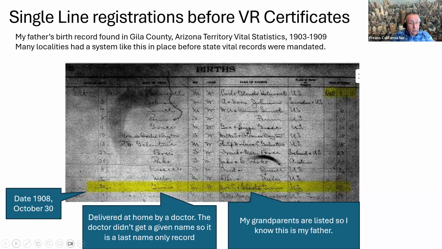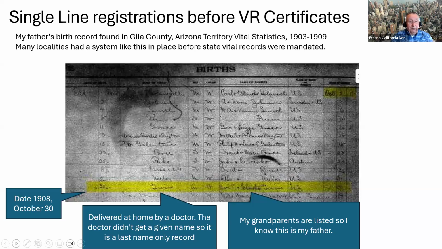He didn't hang around long enough to find out what his name was, so he just wrote down Givens for the baby's name. He did fortunately get my grandparents' names, so I know it's my father, because Josie and Krista Givens were the parents. And so this is the record of my father's birth. And this is all there is.